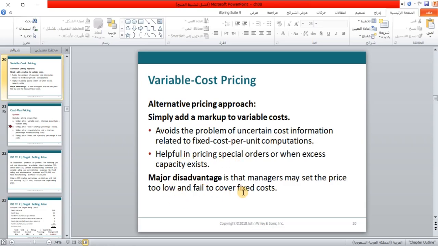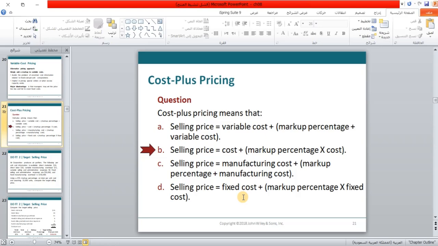The major disadvantage is that managers may set the price too low and fail to cover fixed cost. Cost plus pricing means that selling price equals cost plus markup percentage times cost. Cost plus pricing works in two ways: the first, cost considers total cost; the second, cost considers variable cost.